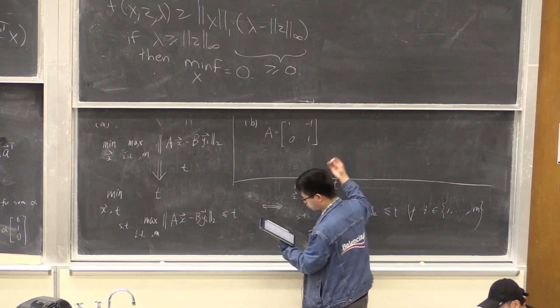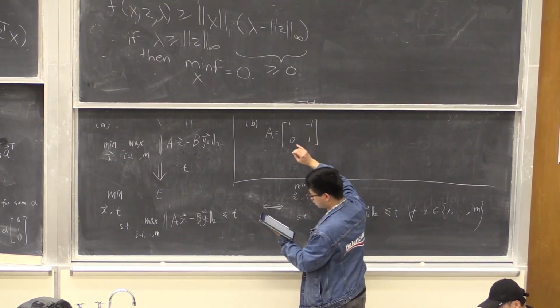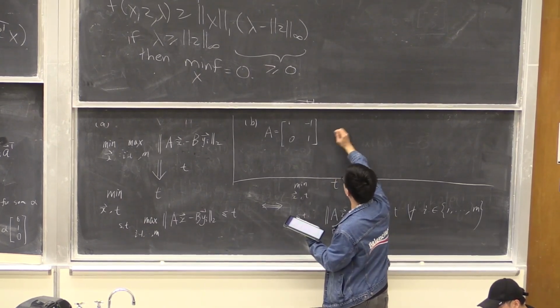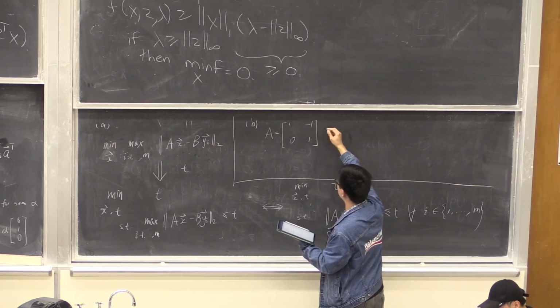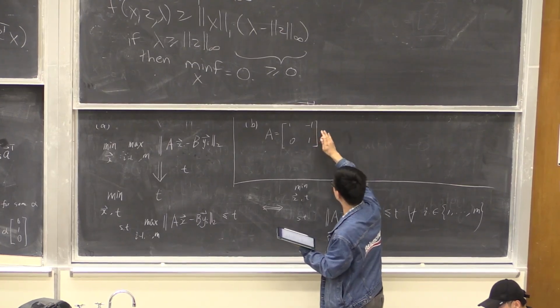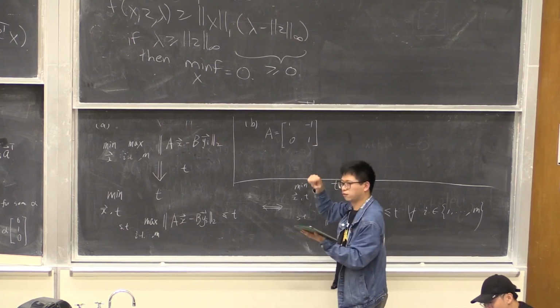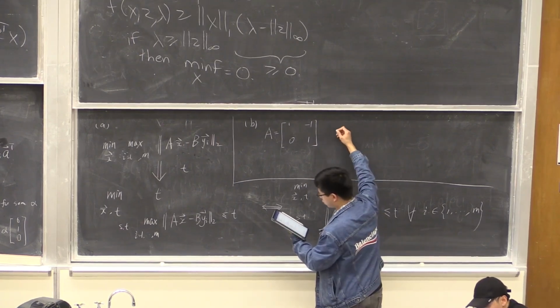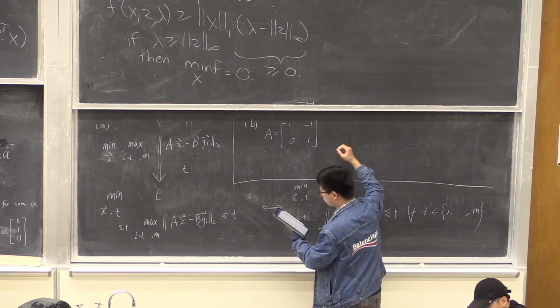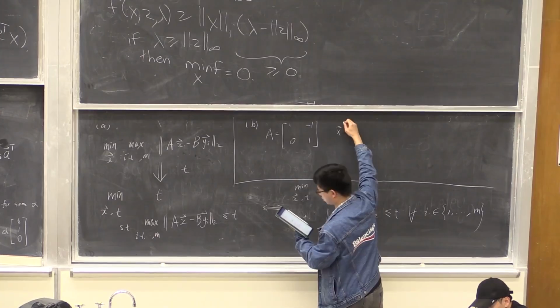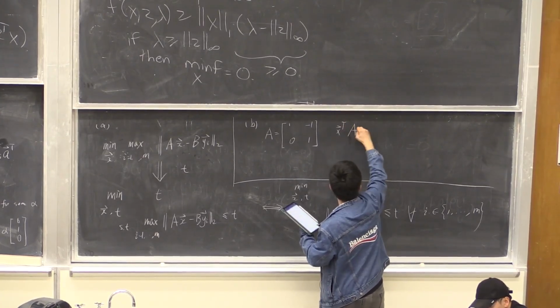If you cannot do this by just looking at it, we can write the full derivation, which is we can just write out the expression for x transpose A x.